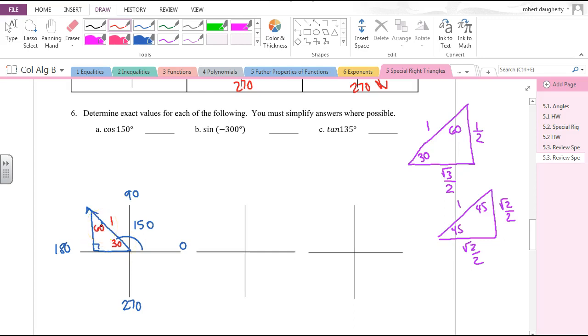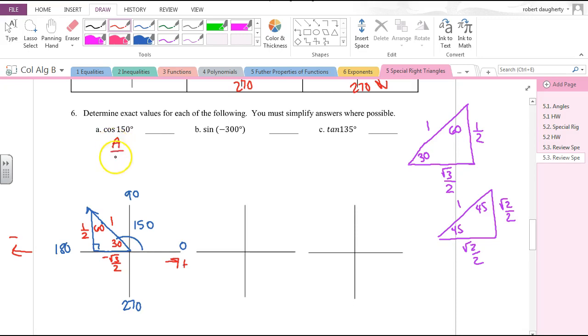So what are the values of the other sides? Opposite 30, that's going to be 1/2. And then opposite 60, this is going to be minus square root of 3 over 2. Okay, remember on the x-axis, this is your negative direction, and that is your positive direction. Now that I've got my triangle labeled correctly, the cosine of 150.